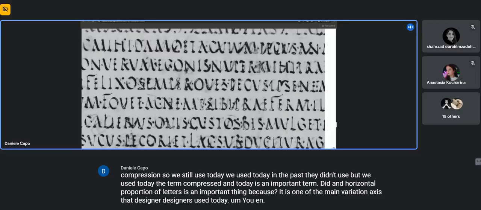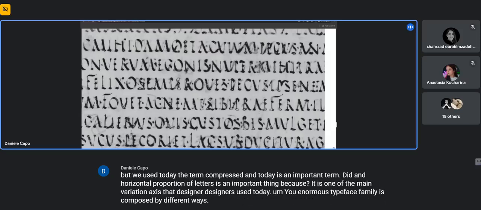A normal typeface family is composed of different weights, where the thickness, the boldness of letters change.